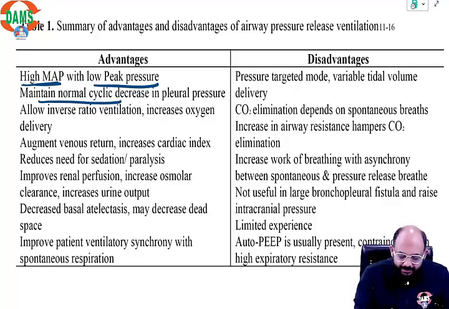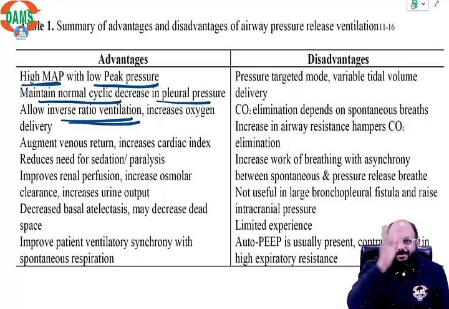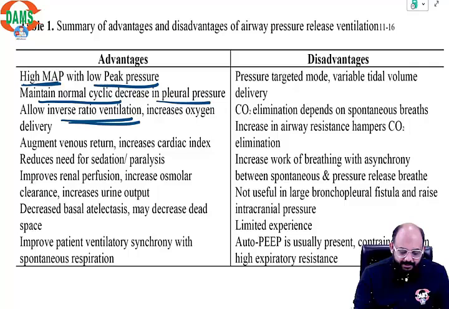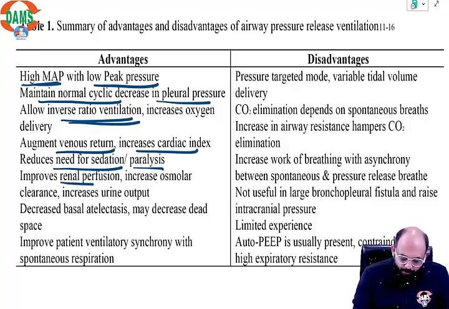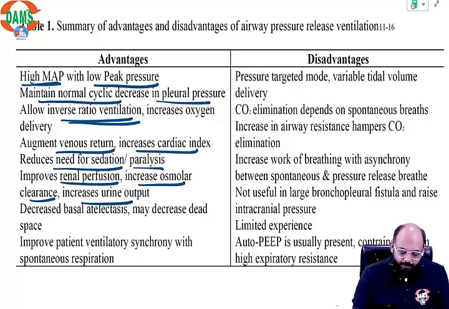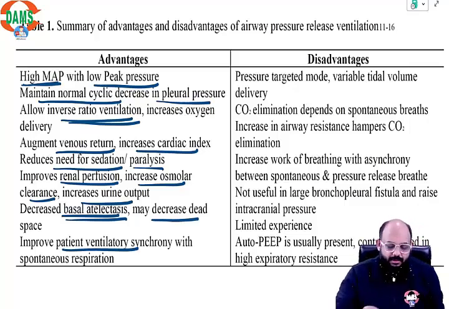Maintains normal cyclical decrease in pleural pressure, allows inverse ratio ventilation and all the advantages of inverse ratio which we'll see. Augments venous return, increases cardiac index, reduces need for sedation and paralysis, improves renal perfusion, increases osmolar clearance, increases urine output, decreases basal atelectasis and may decrease dead space, improves patient ventilator synchrony.